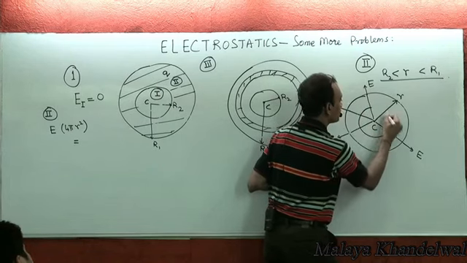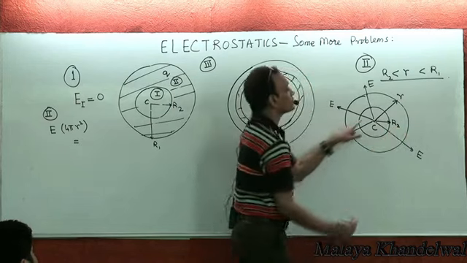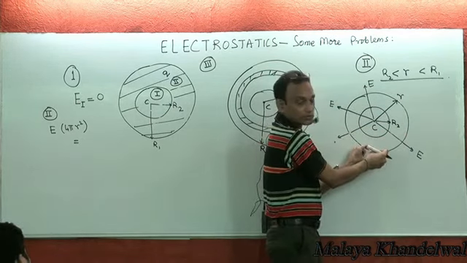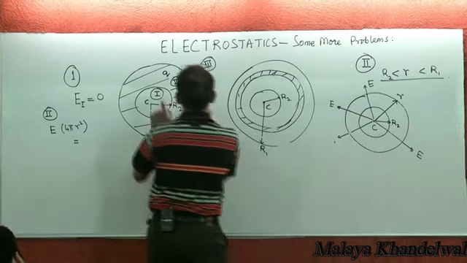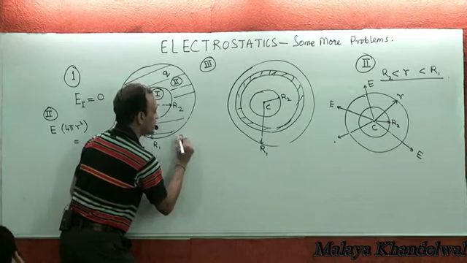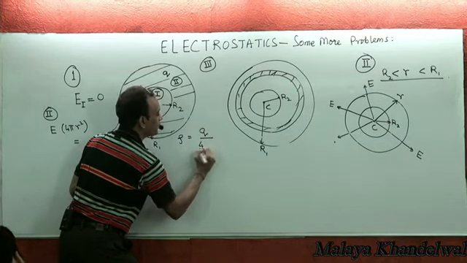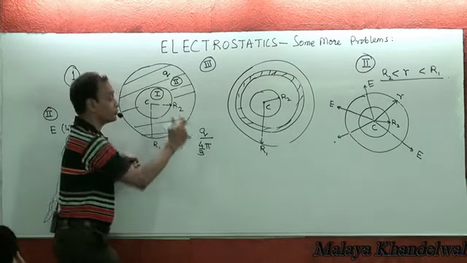Now, realize that there is no charge up to r2. That means there is charge only from r2 to r, in this annulus, right? There is no charge inside the cavity. And the volume charge density for this region is Q divided by 4/3 pi (r1 cubed minus r2 cubed).